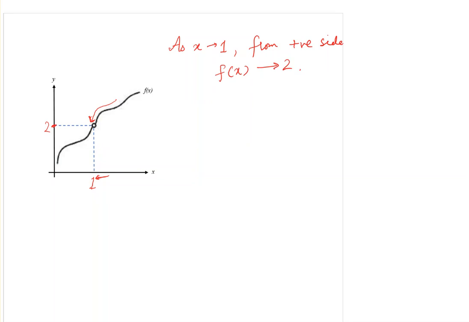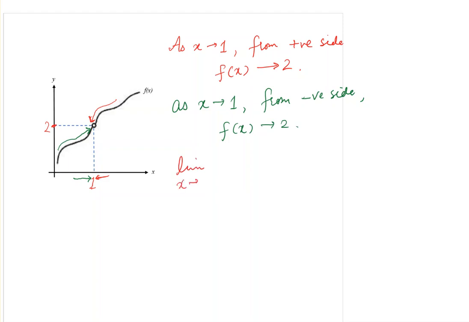Similarly, as x approaches 1 from the negative side, or the left side, the value of y again approaches 2. It gets really close to 2 as x approaches 1 from the negative side. So f(x) again approaches 2.